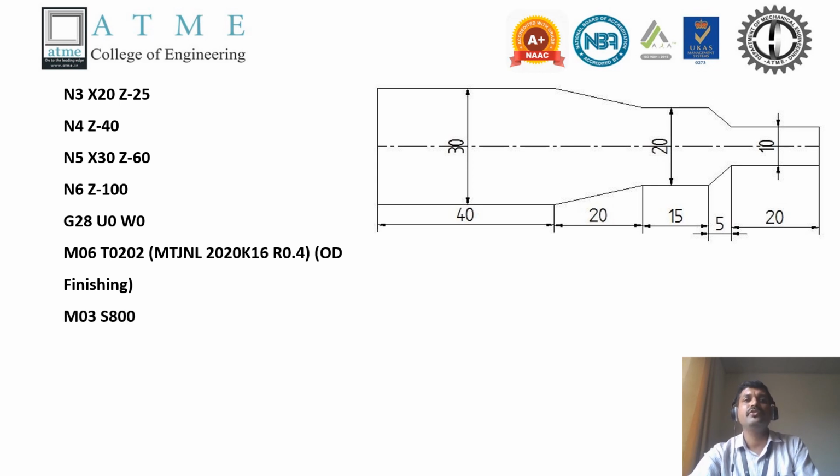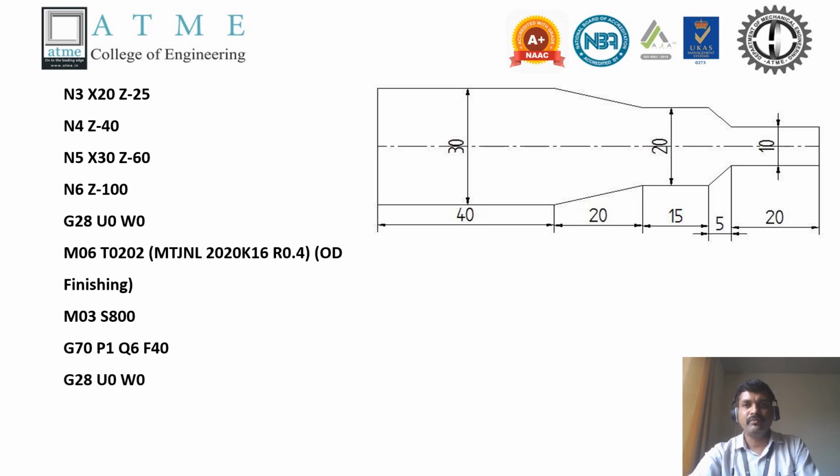So M03: once you change the tool, we need to start the spindle once again. You can set it depending on the requirement, finishing cycle, tool and workpiece combination. We can set the spindle speed to 800. Then the syntax for the finishing operation: G70 P1, between the same profiles 1 to 6, it has to move with a feed rate of F40.